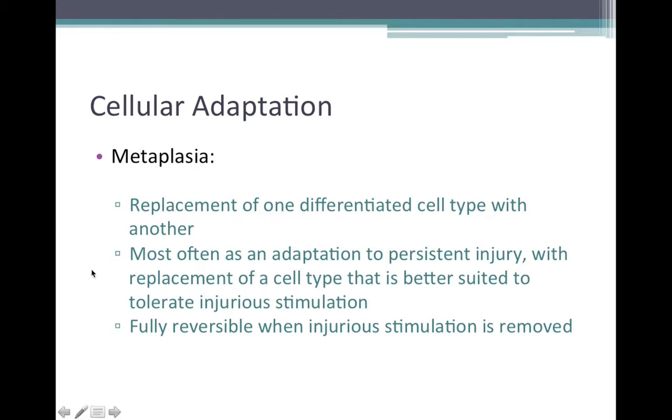Metaplasia is going to be due to persistent or chronic injury, how one tissue type can actually change into another. So meta means new, metaplasia means changing a tissue type to another. So an example of metaplasia would be how the pseudostratified ciliated columnar epithelium you find lining the airways in most people, in smokers, can be changed to a form of stratified squamous epithelium, which lacks those cilia.